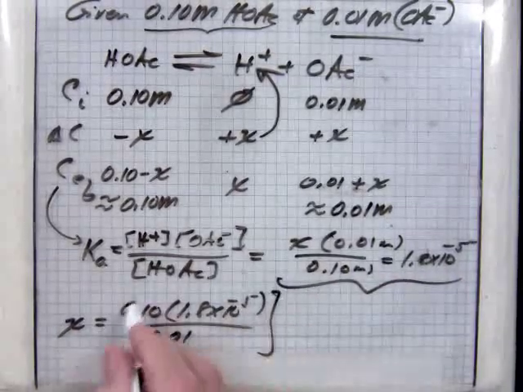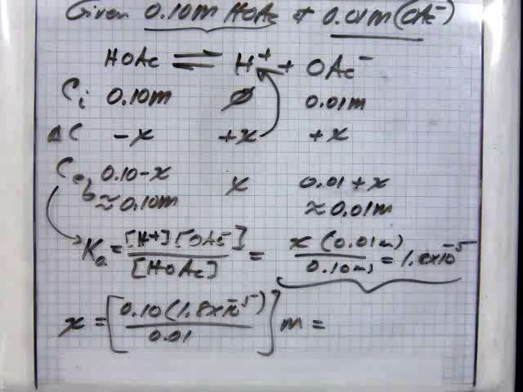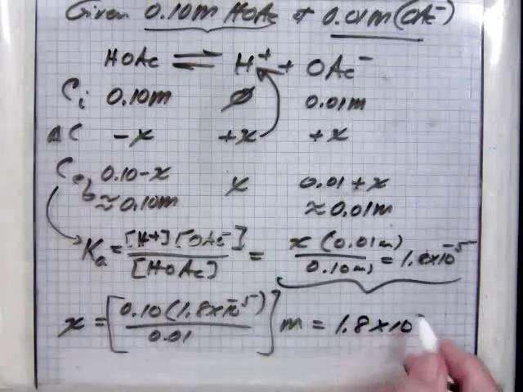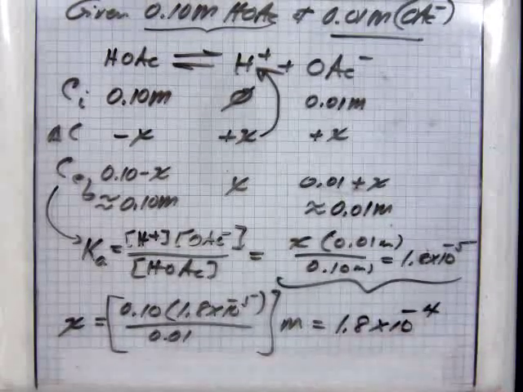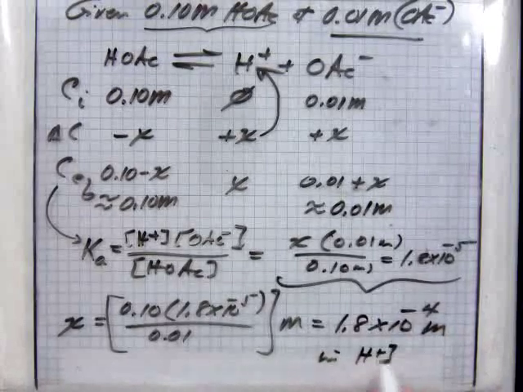Now everything comes out in moles per liter. That's 1.8 times 10 to the minus 4 molar in hydronium ions.